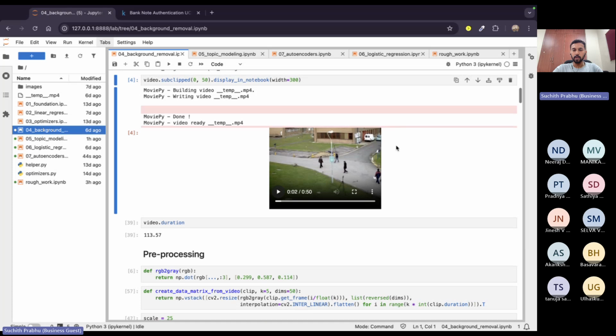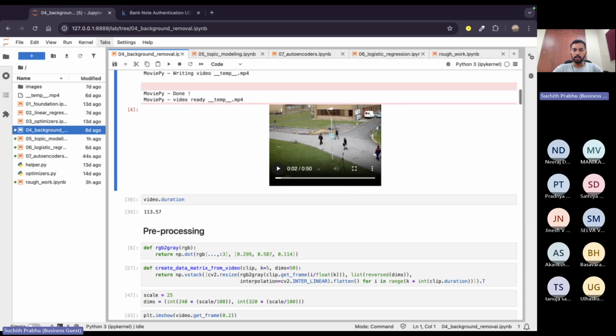The way we did it was, a video is made up of images, so we took those individual images and converted the 2D matrix of each image into a single vector. We stacked all such frames together.